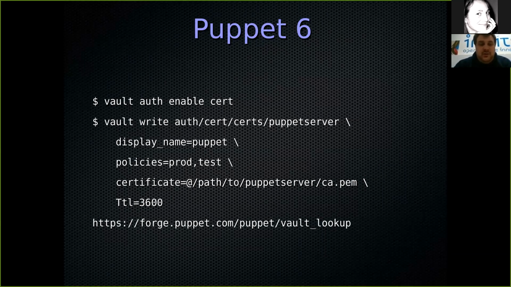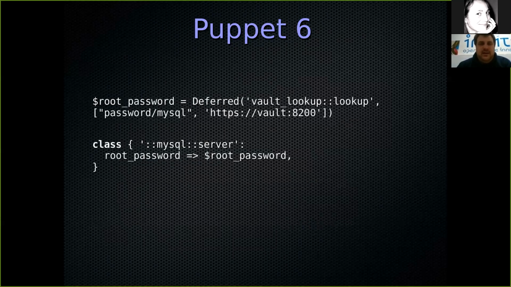It's another module that we can download off the Forge, and that way we can actually have a deferred lookup during our local catalog application, which the code changes a bit, but the principle remains the same. During the application, it does a Vault lookup to password MySQL in our local Vault setup.